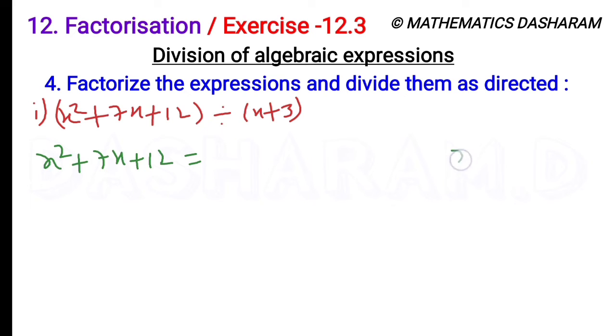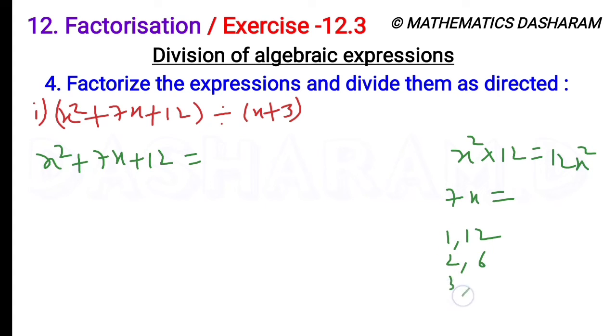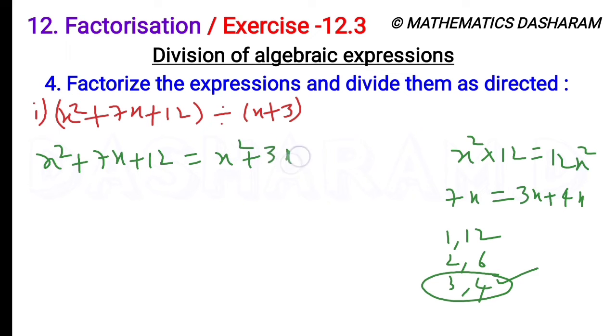So here the first term is x square and the last term is 12, so it is equal to 12x square, and the second term is 7x. 12 is coming in here, 1 twelves are 12, 2 sixes are 12, 3 fours are 12. In this, 3 comma 4 is suitable, so 3x plus 4x, and 3x into 4x is 12x square. So x square, in place of 7x write 3x plus 4x, plus 12.